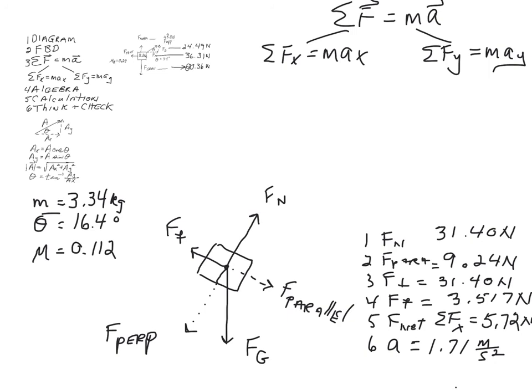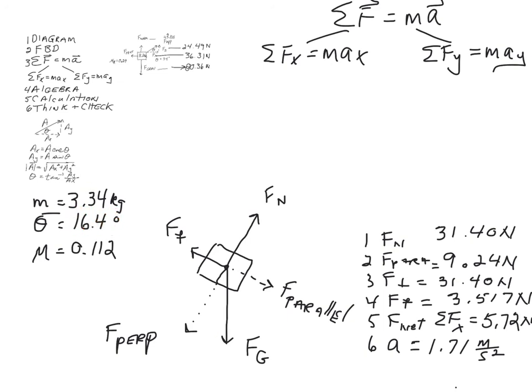So here's what I did, assuming I didn't make any calculation error. I hope not. The first thing I did was to find F parallel and F perpendicular, because in order to find F norm, which is the first one, I need this. I know Fg is just mg, so I take the 3.34, multiply by 9.8, and then to get this one, I multiply by the sine of 16.4 degrees.